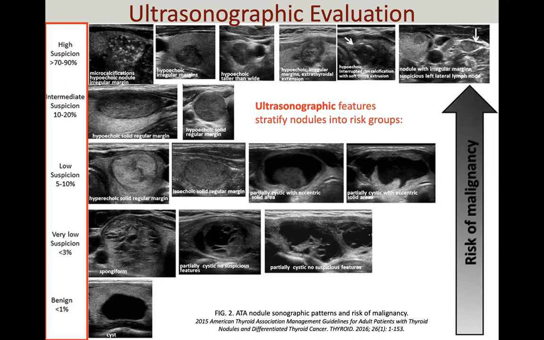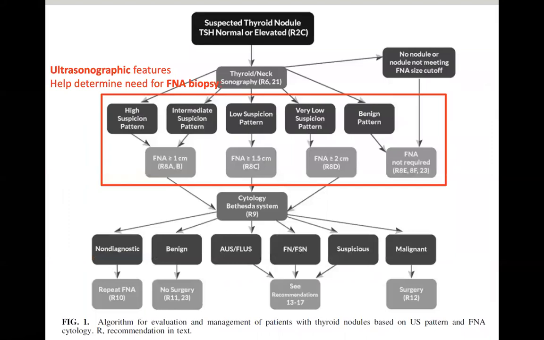So depending on the ultrasonographic features, the nodules are stratified into risk groups. The ultrasonographic features therefore help determine the need for FNA biopsy. If something is on the higher risk spectrum, it's certainly going to need a biopsy. If something is sonographically low risk, they may not even biopsy it.